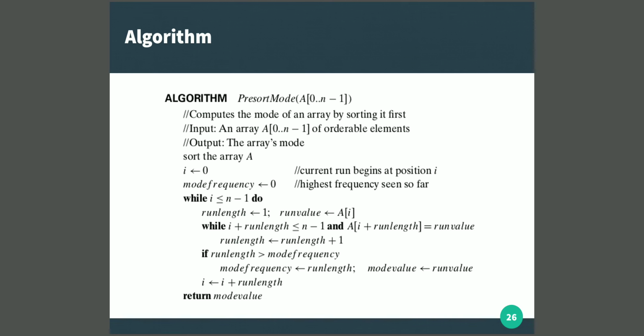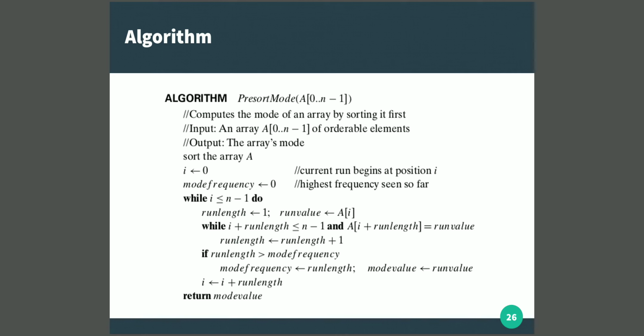Let's say that the first two values are identical. When I compare the first value with the second value, they are the same, and therefore the run length now becomes 2. Suppose the third value is also identical, the first three values are identical.